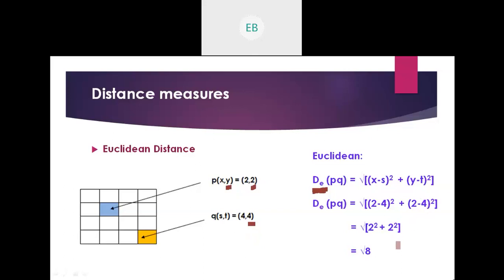Also remember, the distance between any two adjacent pixels is always 1. So finally the Euclidean distance between these two points, P and Q, by using the Pythagoras theorem is root over 8.